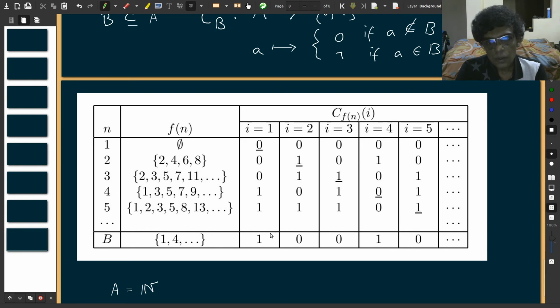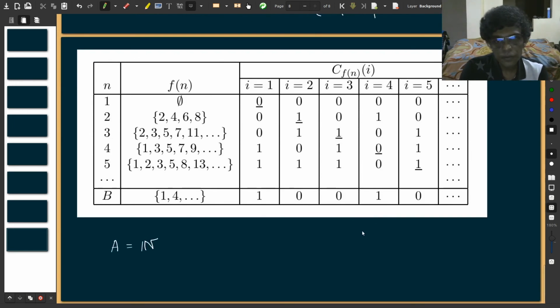So, B cannot be f of something because it is different at this position, at this position, and so on. So, once again you see that this diagonal is coming into picture. This is once again a diagonalization proof. Anyway, so the power set of any set is bigger than the set itself. We cannot establish a bijection.